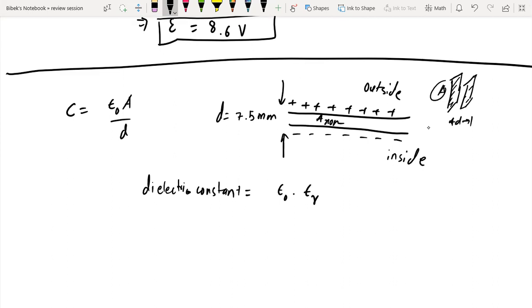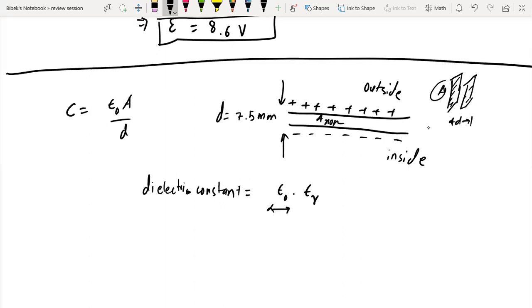This constant means how many times this medium has more dielectric power than vacuum. Your vacuum or air has E0 that you have always been using to find the capacitance. But whenever you have other media, if you use some kind of gel which can transport charge, you have a dielectric medium that has a certain number of times higher dielectric constant than the vacuum epsilon 0.